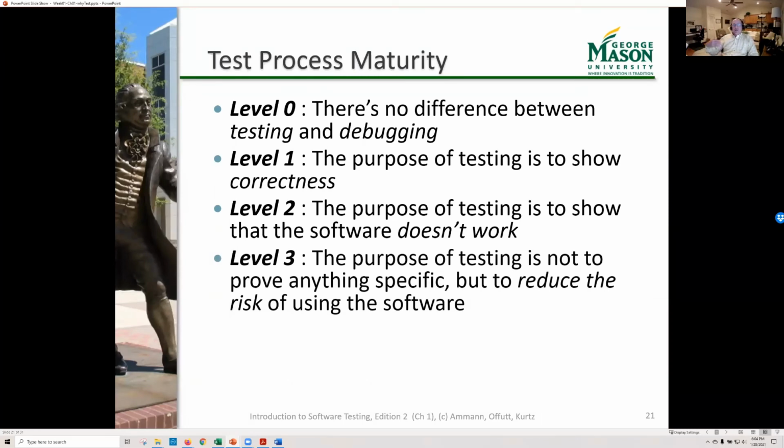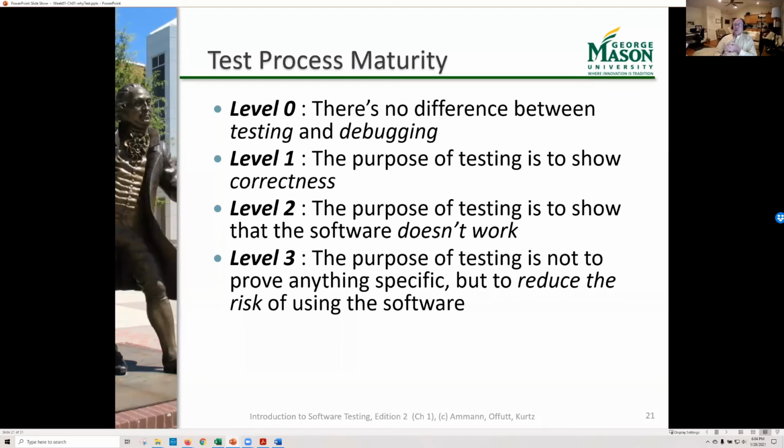So as we gain that maturity and understanding, we move towards this middle ground, but also this more mature thinking of, it's impractical for me to show that my software works in all circumstances. It's impractical for me to attempt every possible way that I could to make the software not work. So what am I really trying to do here?